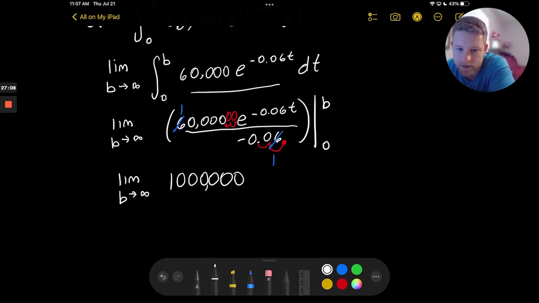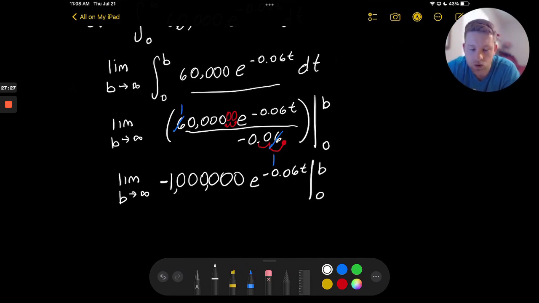And again, notice that this is negative, so we'll tack that negative into the numerator. And we have e raised to the negative 0.06t, evaluated at b and 0. So a little bit cleaner way to view that expression just by looking at those constants.